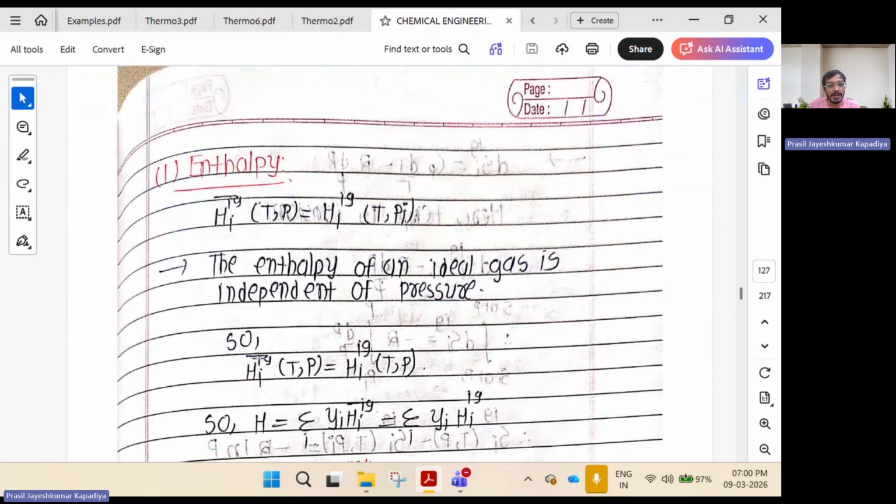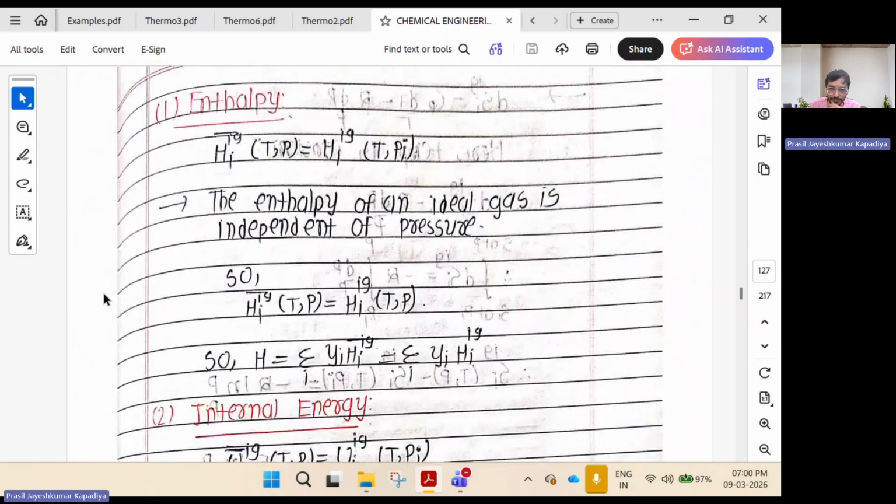Okay, so Hi bar ideal gas at temperature and pressure is equal to Hi ideal gas at temperature and Pi based on Gibbs theorem. But for any ideal gas, enthalpy is not going to be dependent on pressure. So we just have Hi bar ideal gas is equal to Hi ideal gas. Okay. So individual enthalpy is the same when we are using partial molar enthalpy.